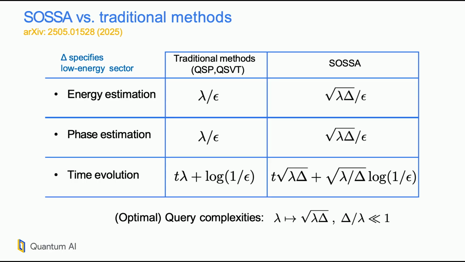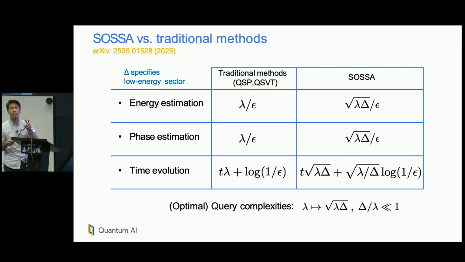And you can make this sort of correspondence table where effectively, if you're costing things out within block encodings, you have this transfer from lambda cost to the square root of lambda times delta, which is that energy gap that we're interested in. And so that's a very nice thing that we can now use in a lot of these chemistry examples where we're looking at low energy states.